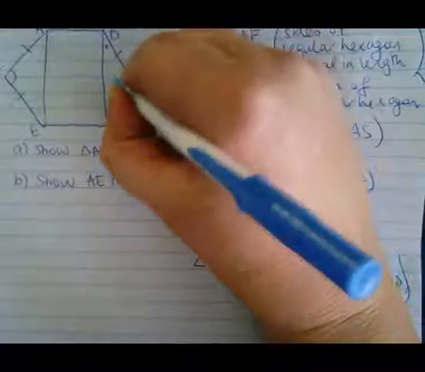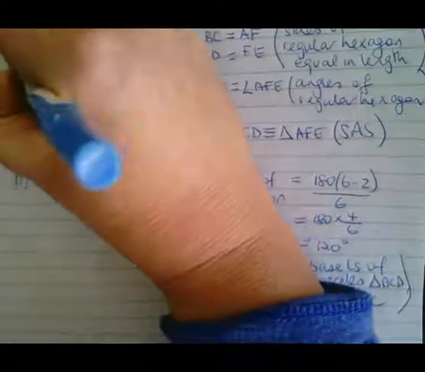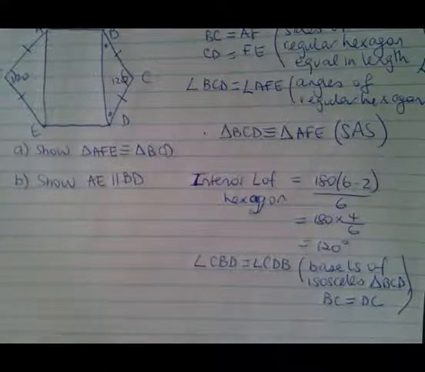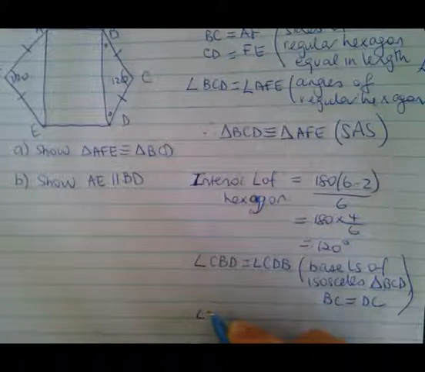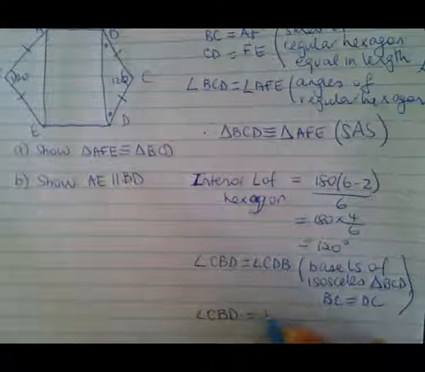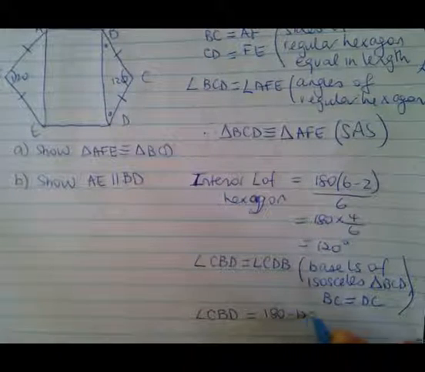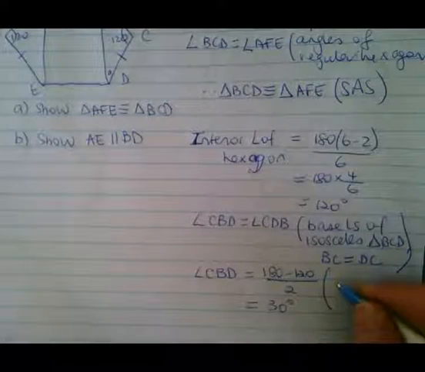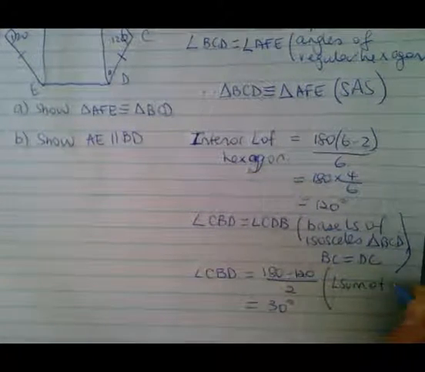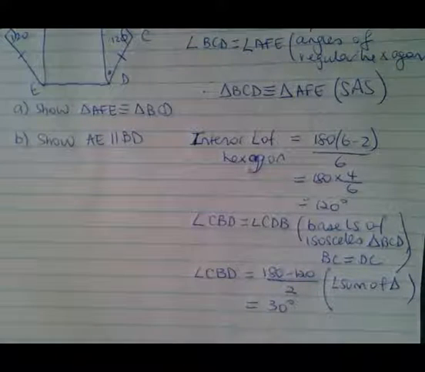We know that this one in here is 120, so is that. So angle CBD is going to be 180 minus 120 divided by 2, which is 30. Why am I saying that? Angle sum of triangle. We've already said the isosceles bit.